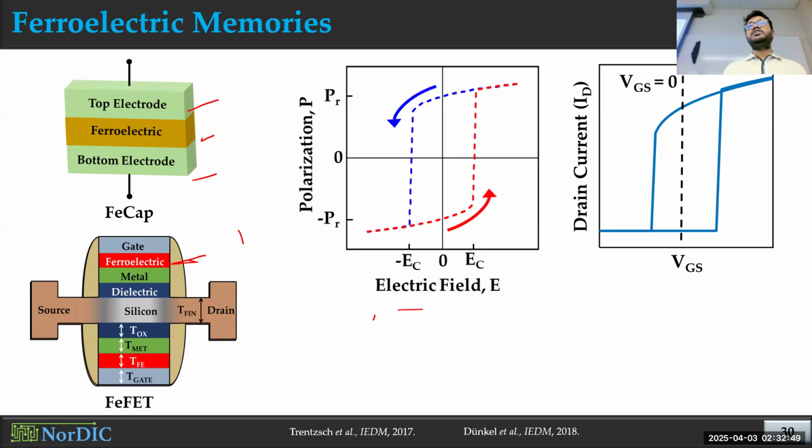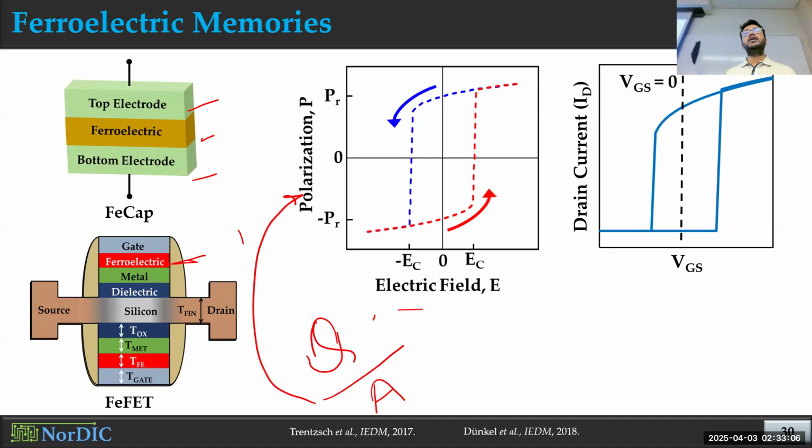So in ferroelectric materials, you have this type of polarization versus voltage characteristics. Polarization again is related to the charge density. So if you have the charge in this ferroelectric material, if you divide the charge by area, that's your polarization. So you can say charge per unit area is the polarization here. So for ferroelectric, again, you see this is non-volatile.